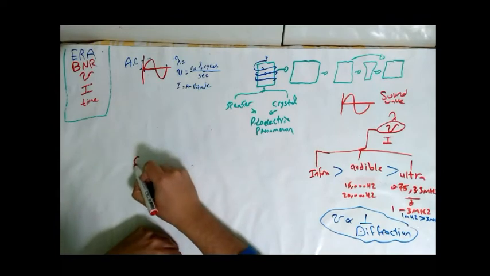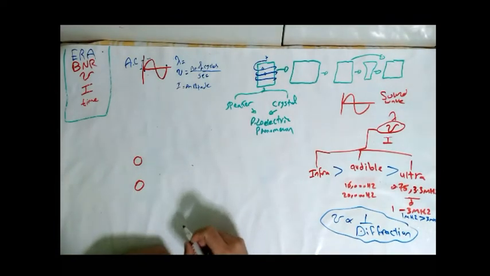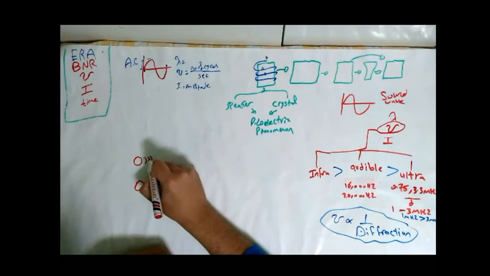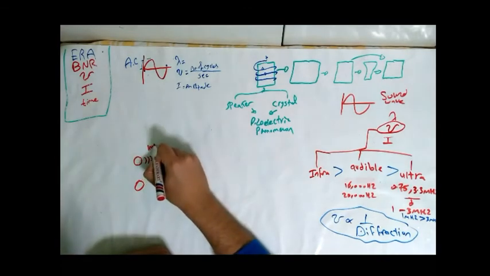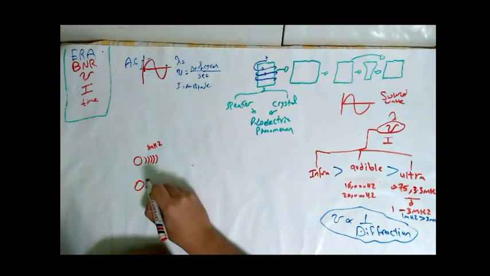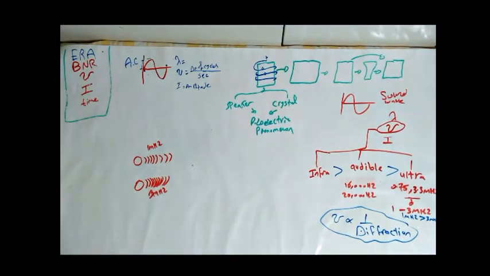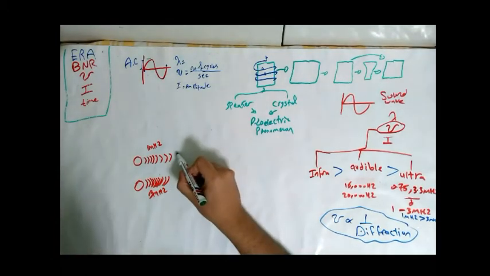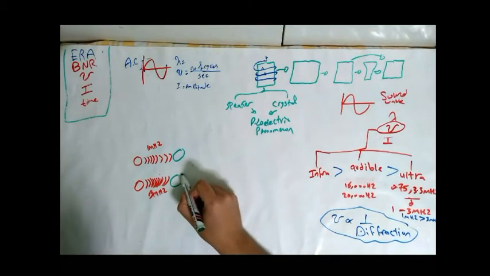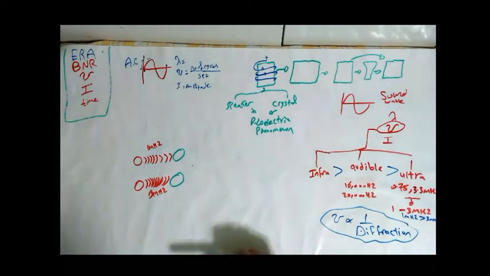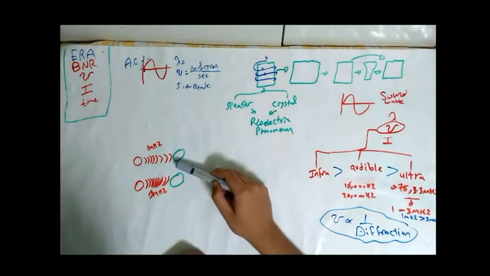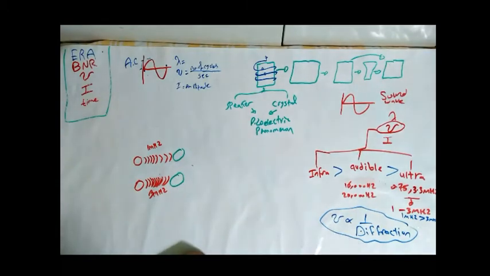If I'm using an ultrasound transducer producing sound waves of 1 megahertz and another producing sound waves of 3 megahertz, and both of them are facing an obstacle, what will happen according to diffraction?